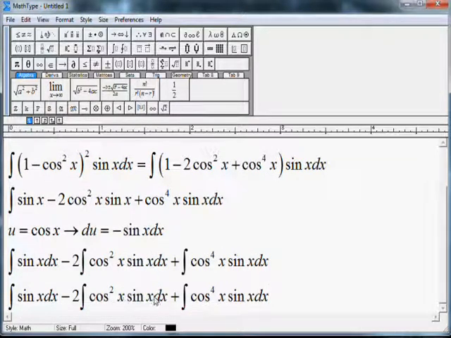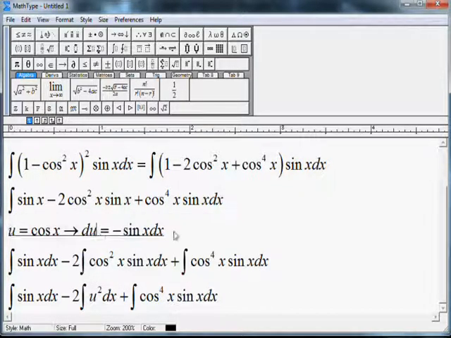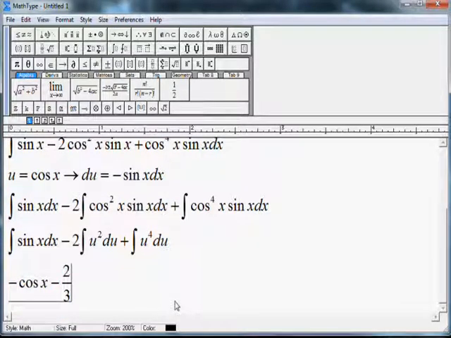This is going to be u squared from this substitution right here, and this will be u to the fourth, du, and now we just integrate. There's going to be negative cosine of x minus 2/3 u cubed plus 1/5 u to the fifth.